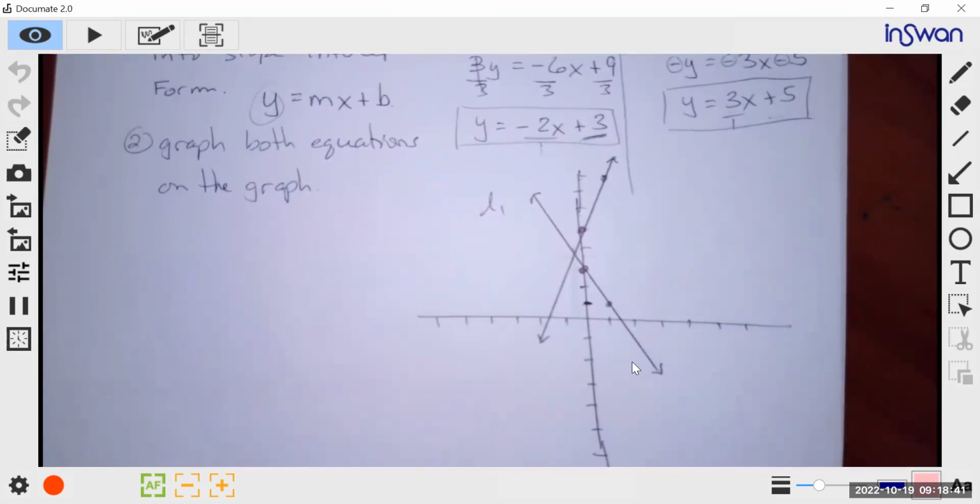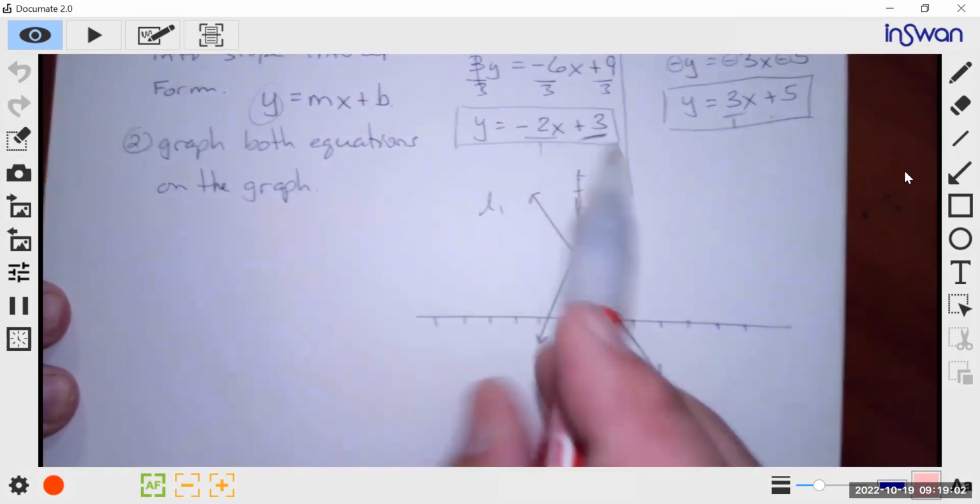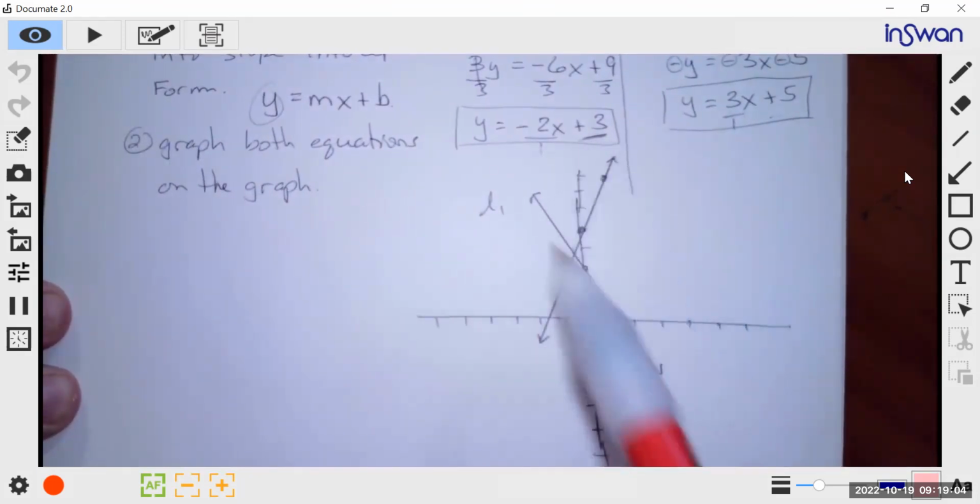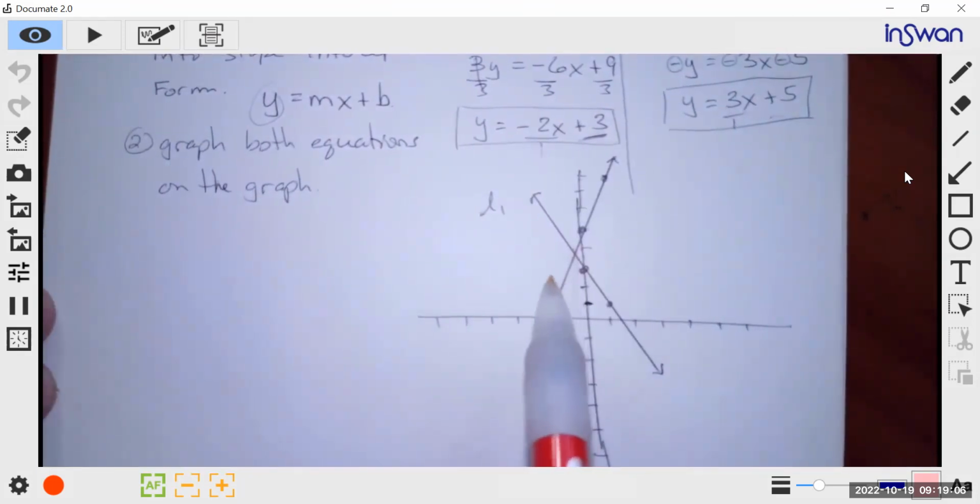So the problem with the graphing technique is it's only as accurate as your graph, as the graph that you're drawing on. We'll come back to this one in a minute when we do the other two methods, and we'll see what our answer is supposed to be.